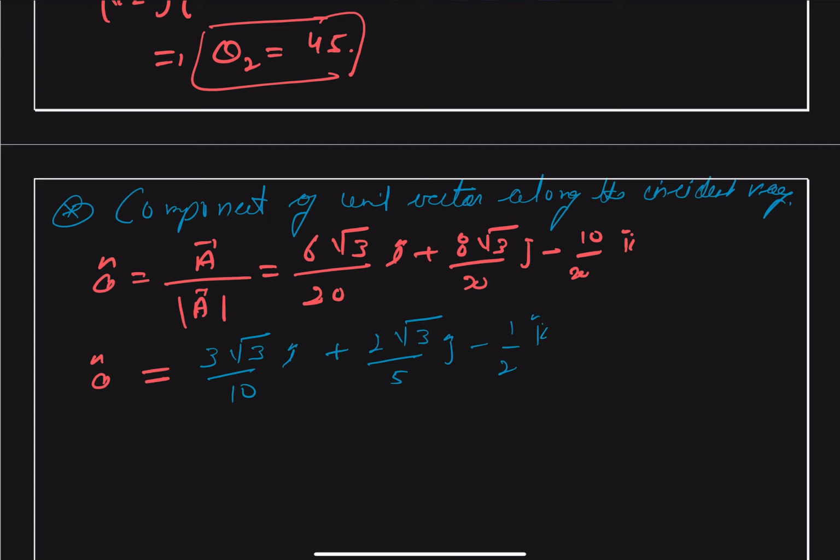The refracted ray basically lies in the plane of incidence. So we can write its direction vector using two coefficients, alpha as well as beta, and then we are going to find out the values of alpha and beta.